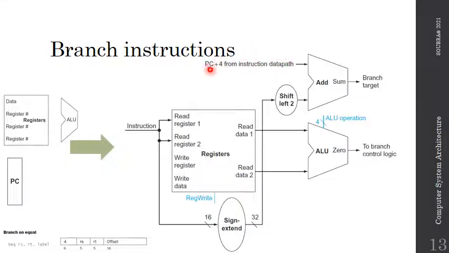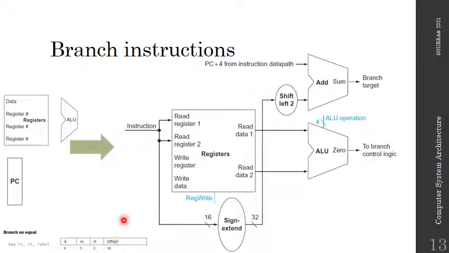So basically it would be the normal PC plus 4 that I would have had naturally if I kept on the sequential execution. So if the branch is happening, I need to add the offset, the branch target, to it, and the sum of those will give me the branch target.